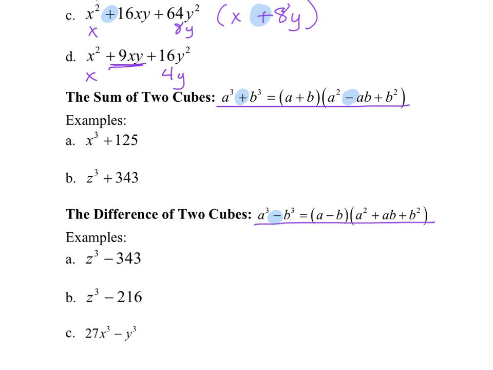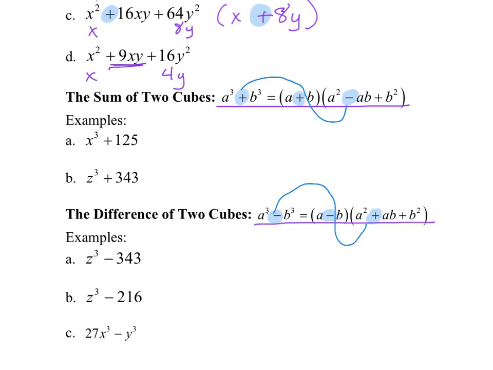When this is a minus, this is a plus. So what we've got here is plus, plus, flip it. Minus, minus, flip it. That's how this pattern works. Other than that, the pattern's the exact same.